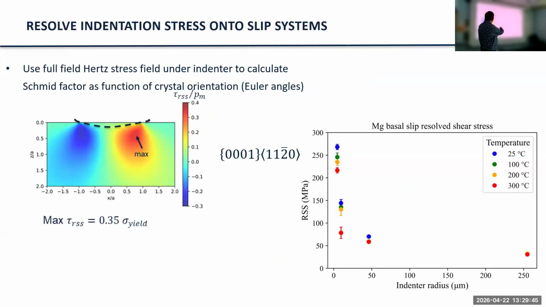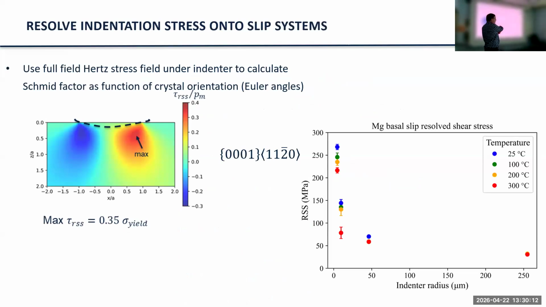What this is showing you is the resolved shear stress from that 3-dimensional stress tensor onto the basal plane. Okay? And so the basal plane would be horizontal here. But even though you're pushing down, there are regions where the material is being pushed sideways. That's one way to think about it. It's kind of a little bit like a snowplow coming in.